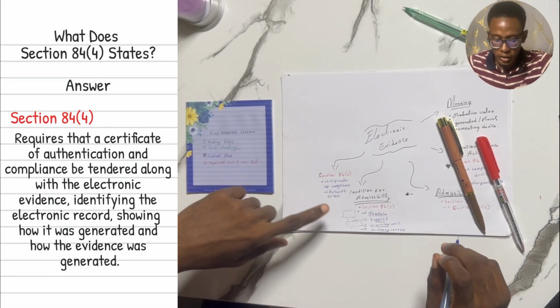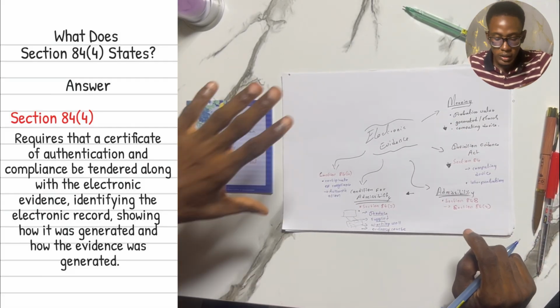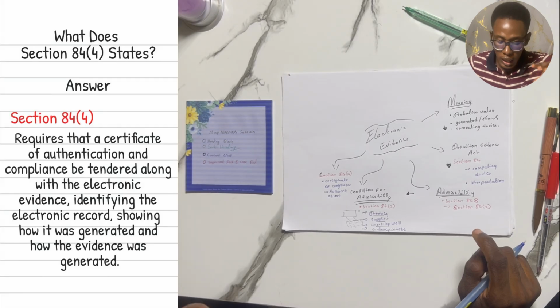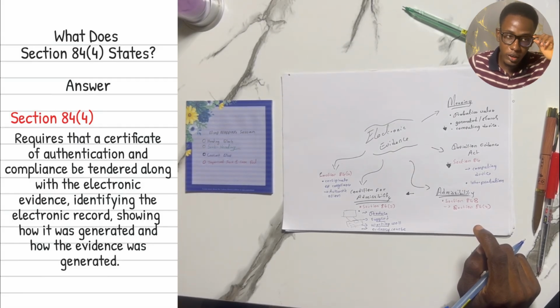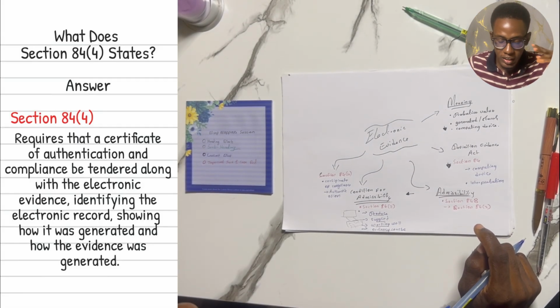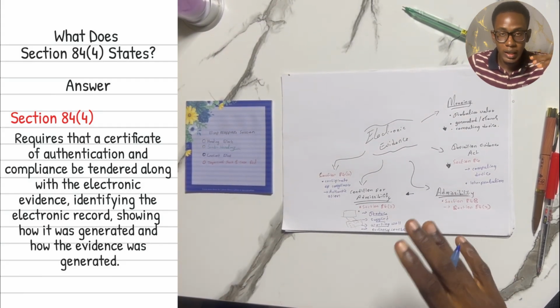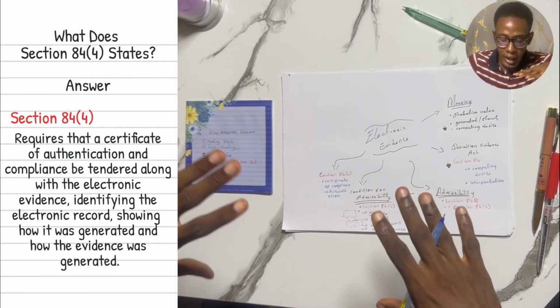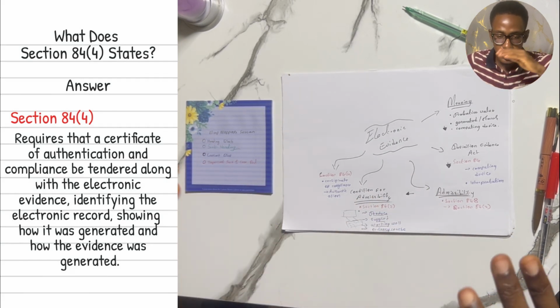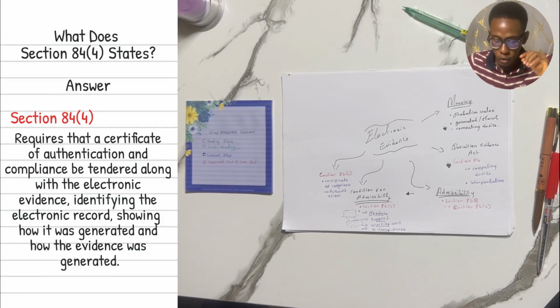As you can see, I should probably have left more space. A certificate of compliance and authentication. What that certificate shows is it identifies the electronic evidence and how it was produced, and that it complied with all the necessary conditions as seen in section 84 sub 2.